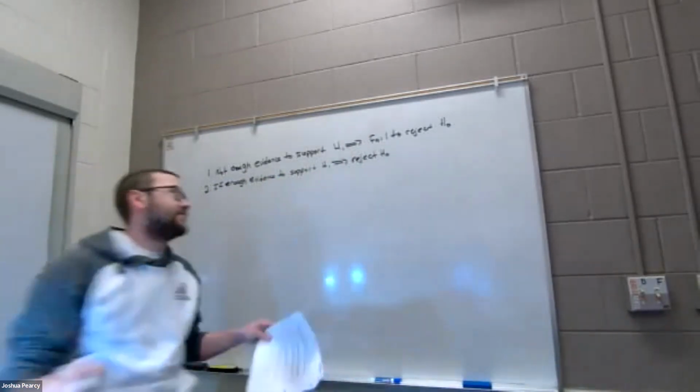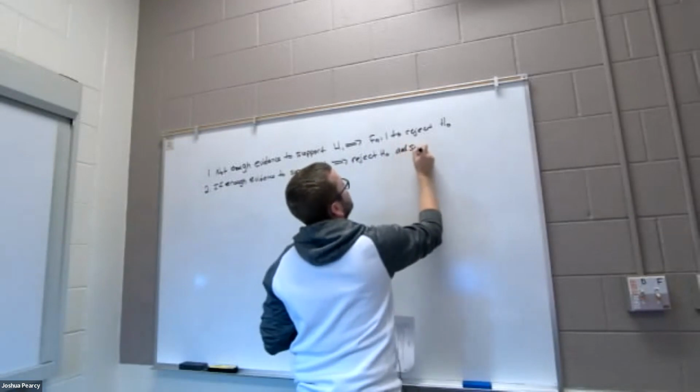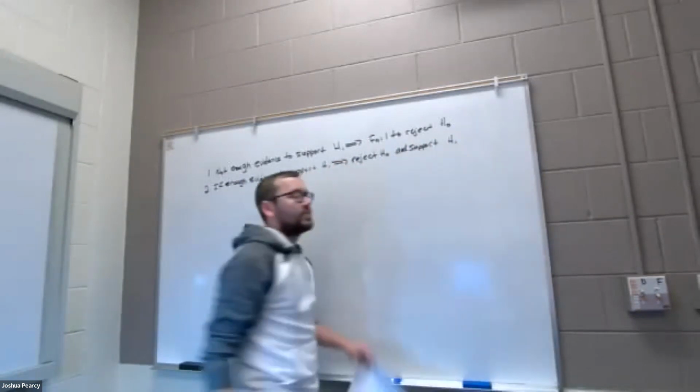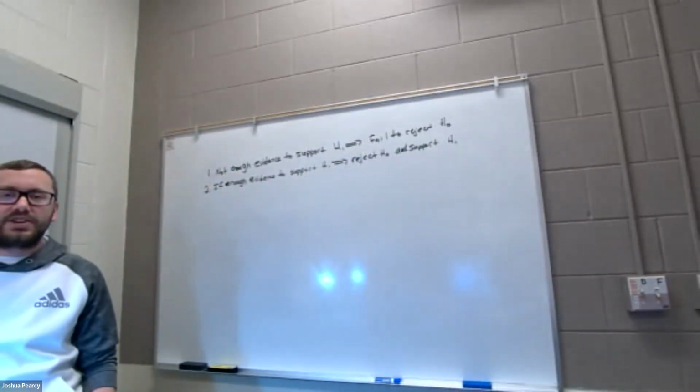Yeah, support the alternative. So in your filled in notes, I actually write out H1 and H0 as null and the alternative. It doesn't matter. I mean the same thing.